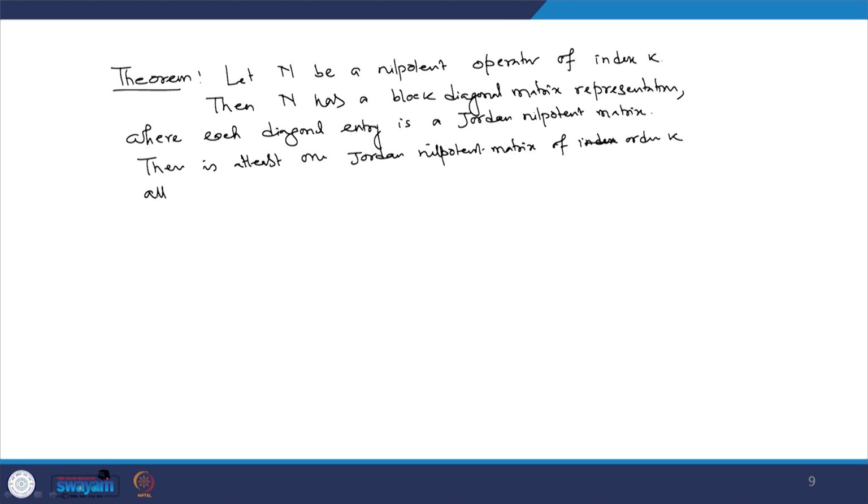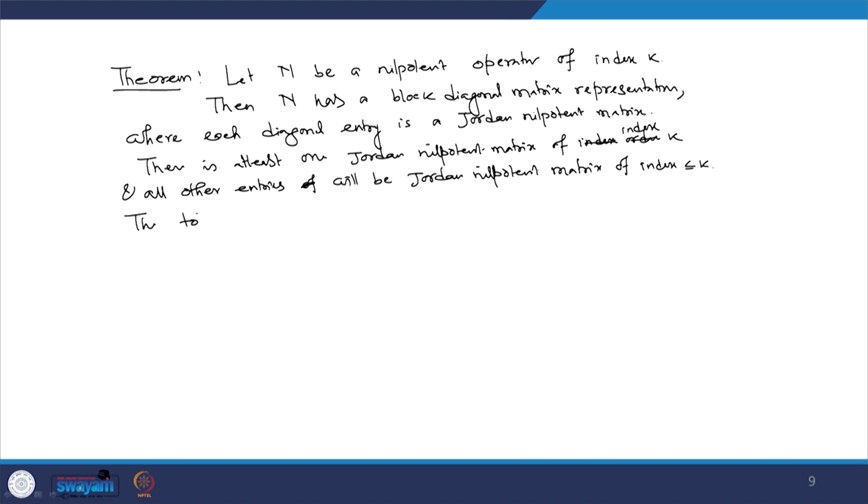All other entries will be Jordan nilpotent matrices of index less than or equal to k.